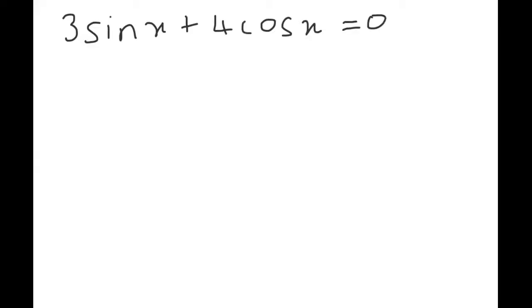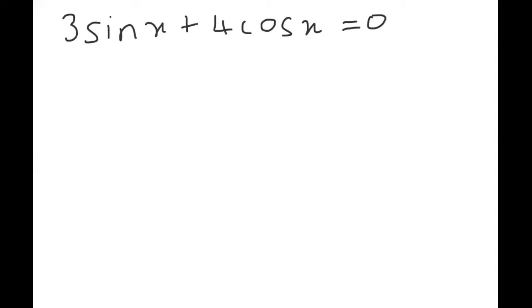So here we have 3 sine x plus 4 cos x equal to 0. Again, they want a general solution, so we have to find x equal to something. That's always the end, and don't forget the k part. All right, so how do we define x?